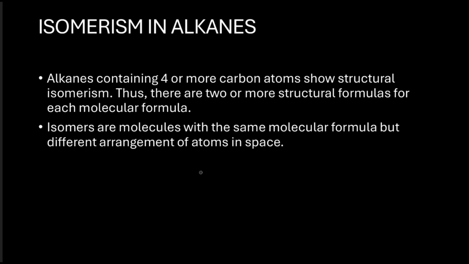So we know our molecular formulas to be this. So if we have an alkane with n greater than or equal to 4, then there are 2 or more ways we can draw the structural formula of this particular alkane.